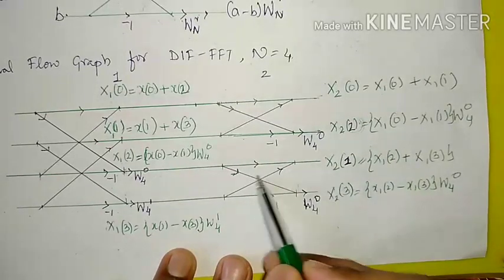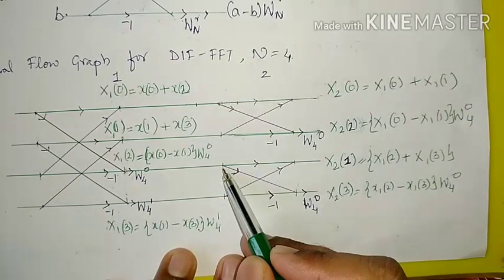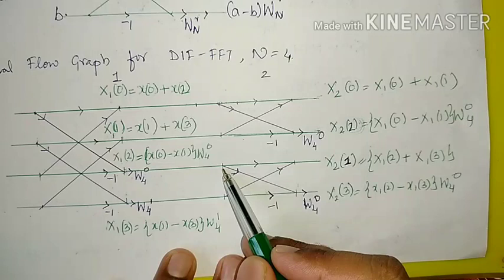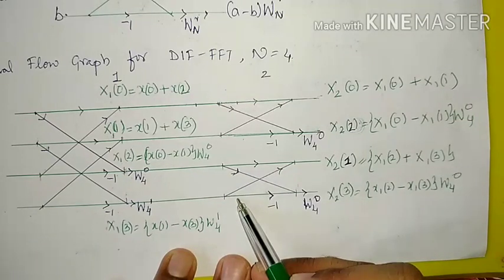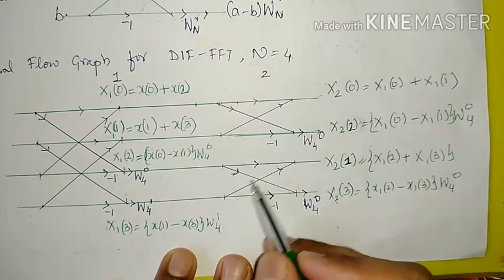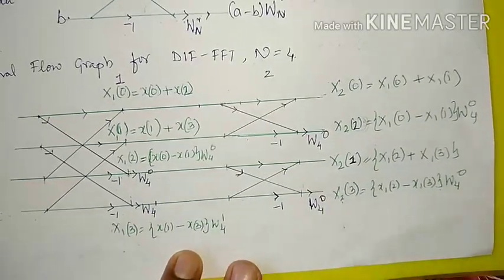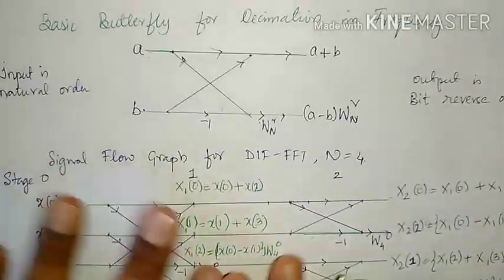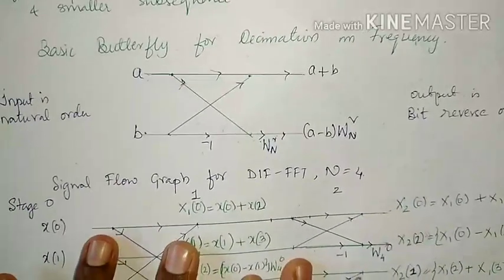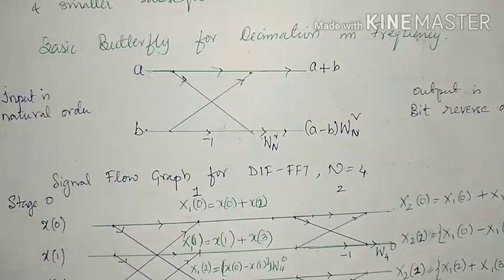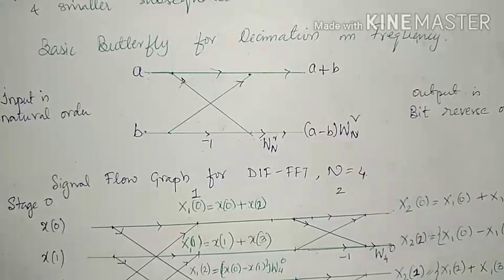And x2 of 1 is x1 of 2 plus x1 of 3. And x2 of 3 can be written as x1 of 2 minus x1 of 3 into W40. So I hope you have understood the structure. If you can understand the decimation in time butterfly structure, then you can easily understand decimation in frequency.